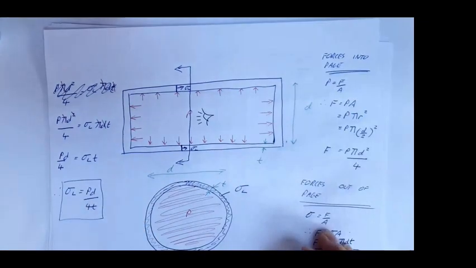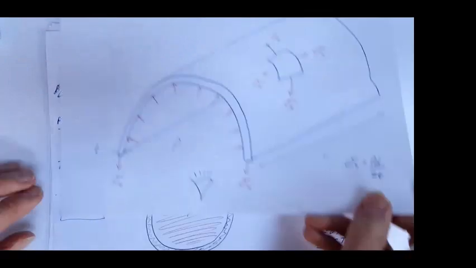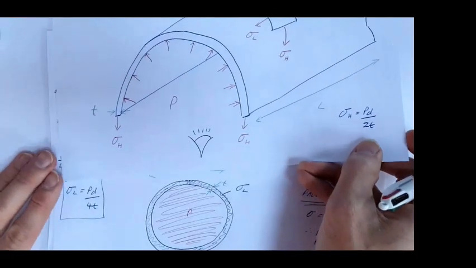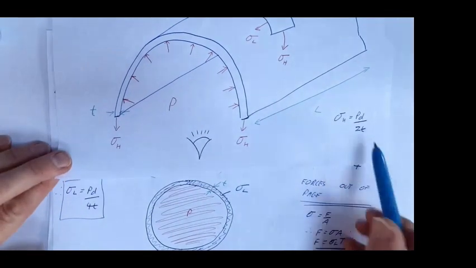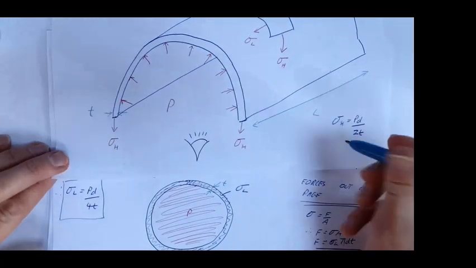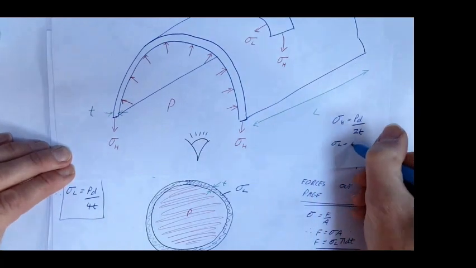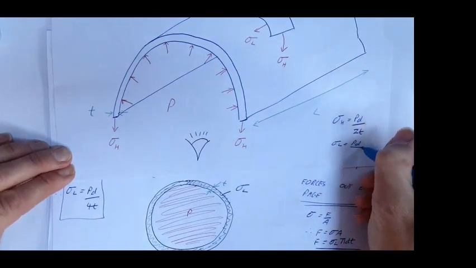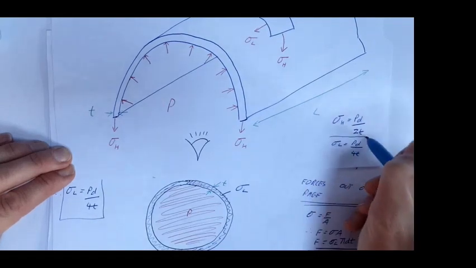So if we look back at our previous slide, my hoop stress was PD over 2T. We've now just said that my longitudinal stress equals PD over 4T.